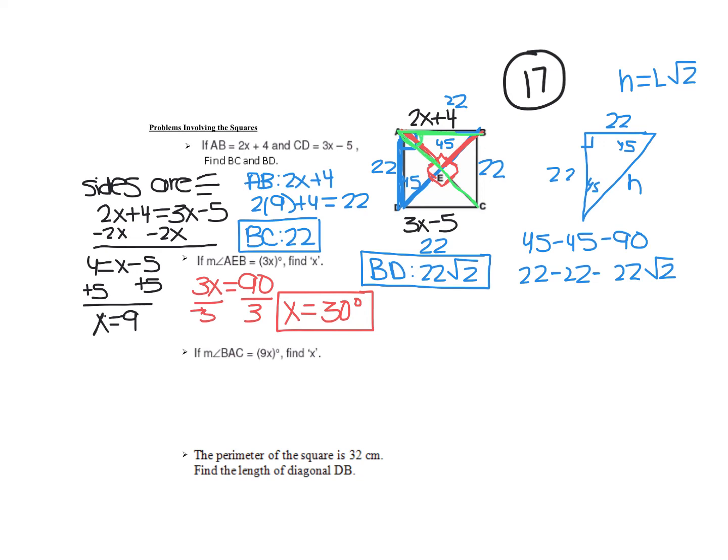Okay, and because it is half of that right angle, we know that the diagonals bisect that right angle. So that means each half of that right angle is 45 degrees. So when we divide each side by 9, x is going to be 5.